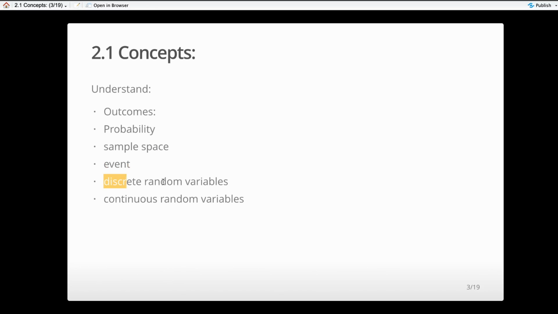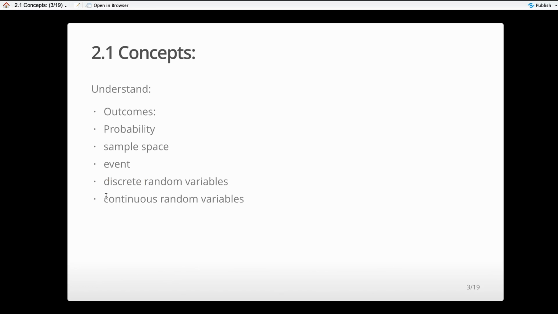A discrete random variable is one where, sorry, for discrete, there's not always something in between 2 possible outcomes. So between getting 4 heads and 5 heads, there's no option between those 2. So those are discrete.